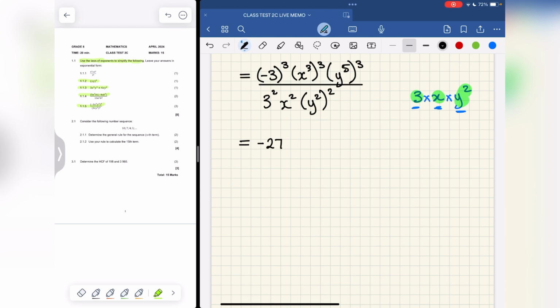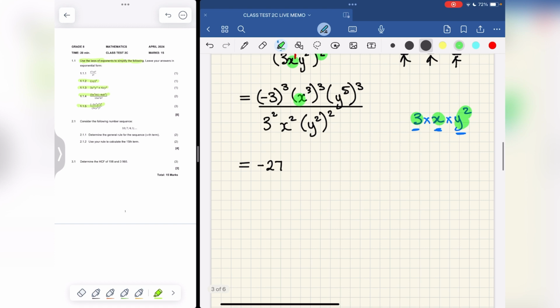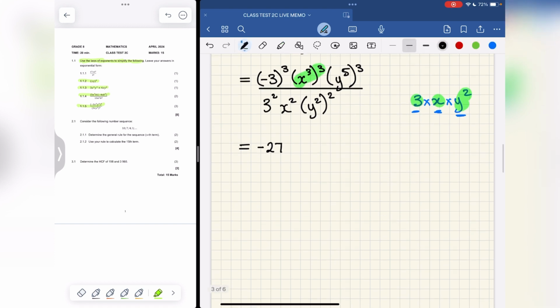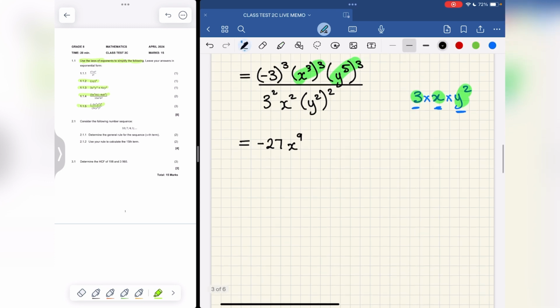Then x to the power 3 over here, raised to the power 3, that will give me x to the power 9 because I'm multiplying my exponents here now. And then here, I've got y to the power 5 raised to the power 3. So I've got 5 times 3, that will give me y to the power 15.